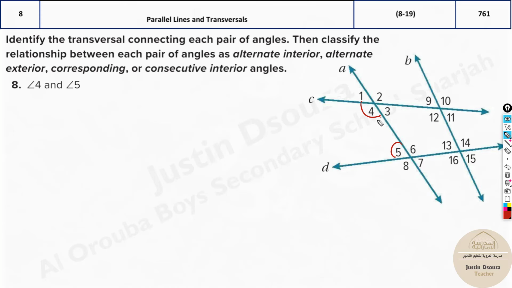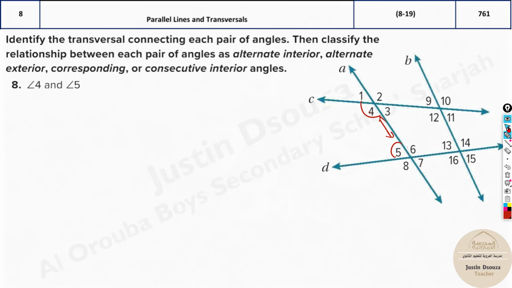And what sort of relation do they have? Okay, now this is again something I didn't tell. Inside, they're interior, something to do with interior. Now, are they alternating? No. Are they corresponding? Sorry, consecutive. Corresponding is 4 and 8. They're continuous, so they're consecutive.